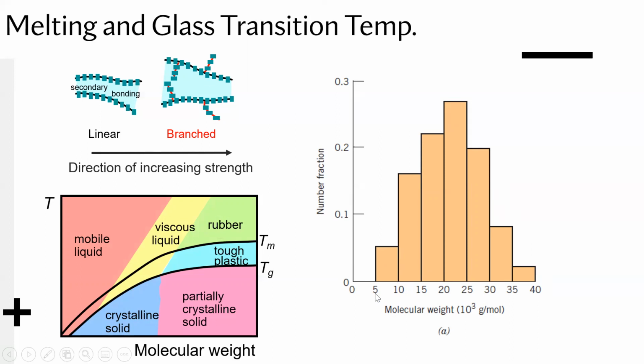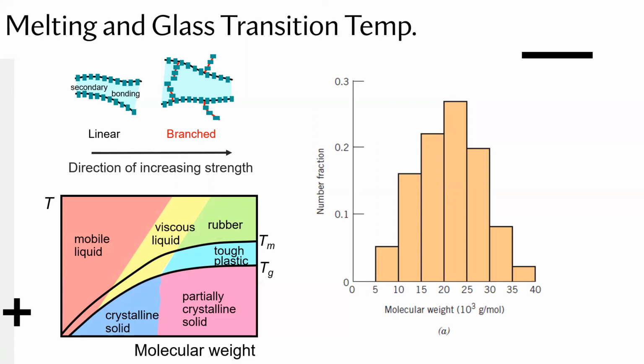So because it's polydisperse, in other words, it's got different regions with different structural features, you get a very distinct melting behavior. Melting and glass transition don't happen at a particular temperature, they happen over a range of temperatures.